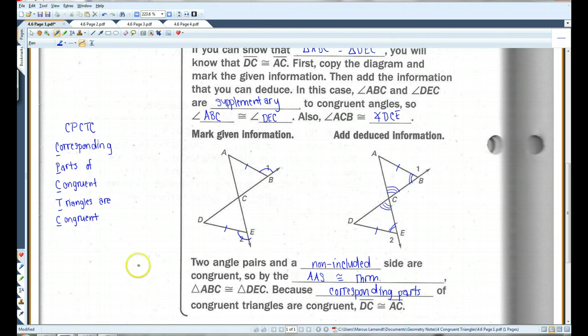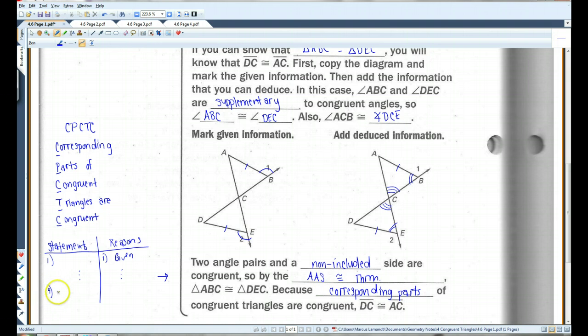So in a two-column proof, if you were to rewrite this in a statements and reasons fashion, you would have your given, you would have a bunch of other steps, and then eventually you would get to, I don't know, maybe step 4 or 5 or whatever.